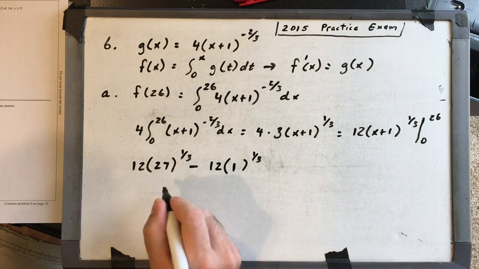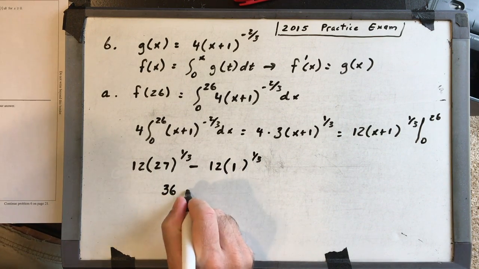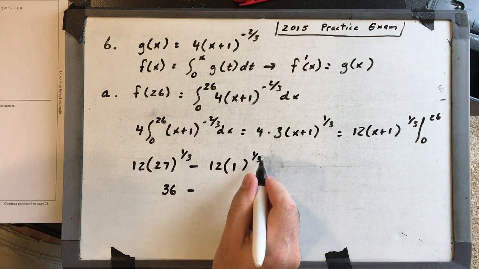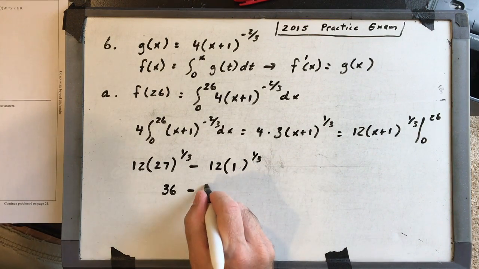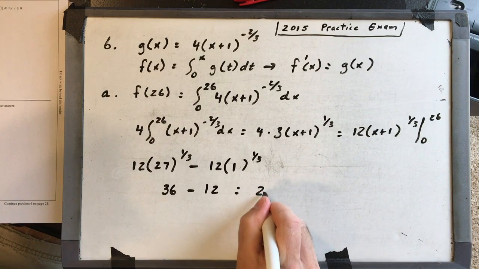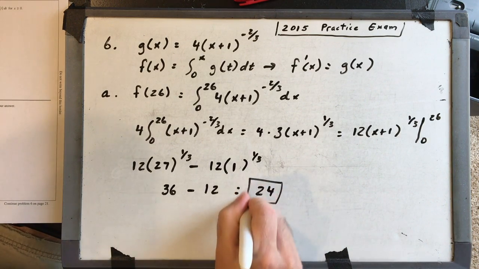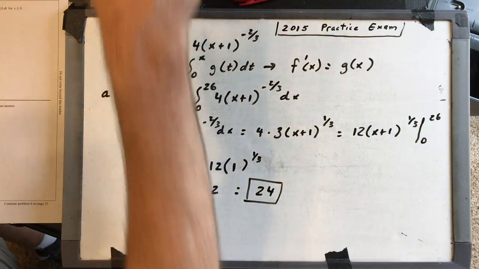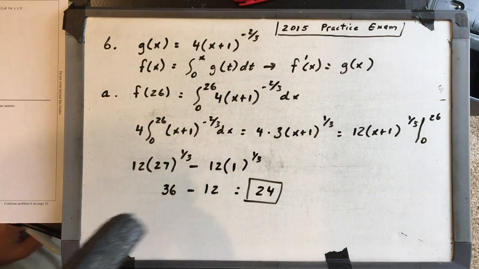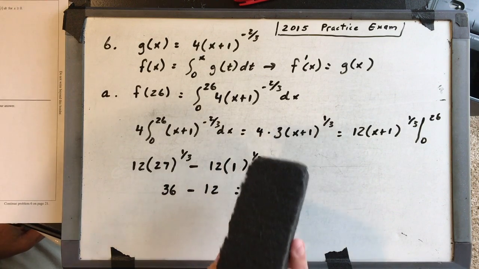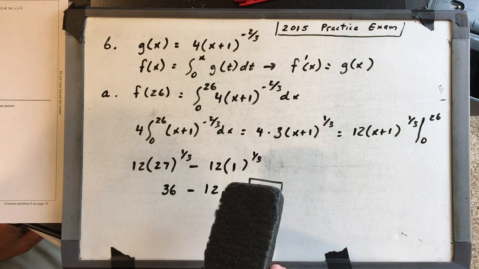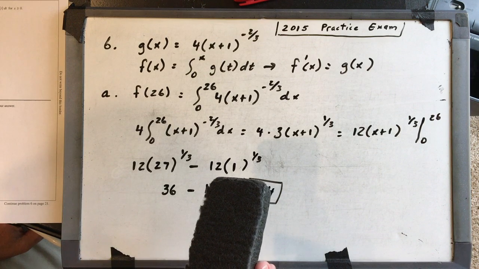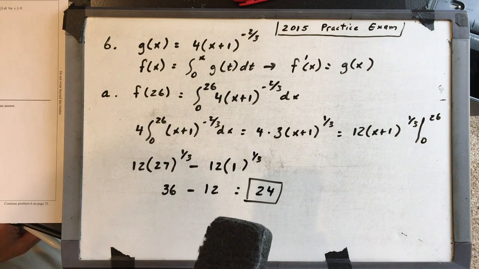So 12 times 3 is 36. Minus 1 to the 1/3 is just 1, so 36 minus 12 is 24. They could ask you one like that, they really could. One that we've covered a lot during AP practice, but not so much in our textbook. So that's part A.